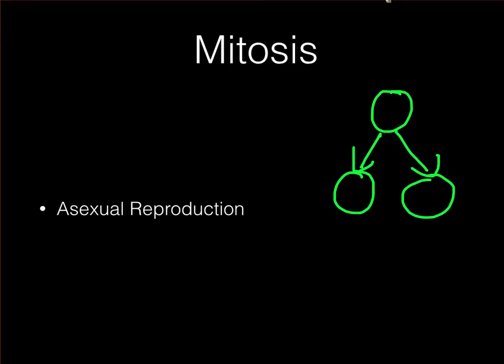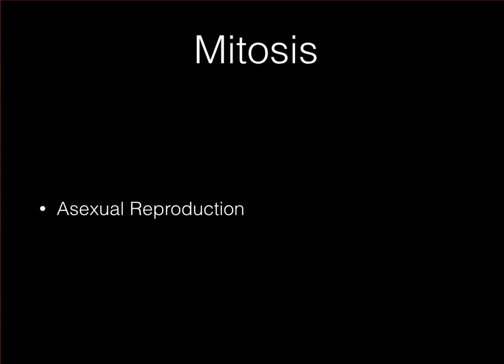So we're going to talk about mitosis and the different phases. The first thing that I want to bring to your attention is that it goes through multiple steps. Okay, the first step is prophase. Metaphase is the second.